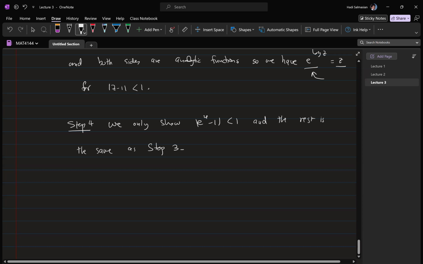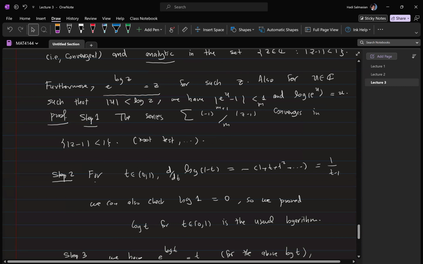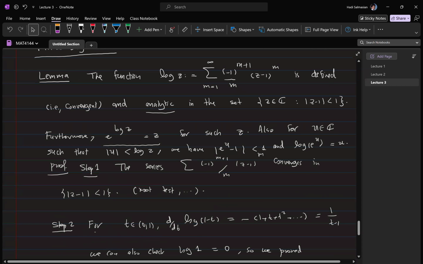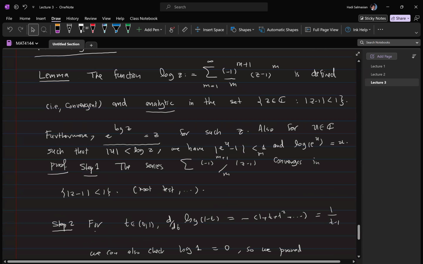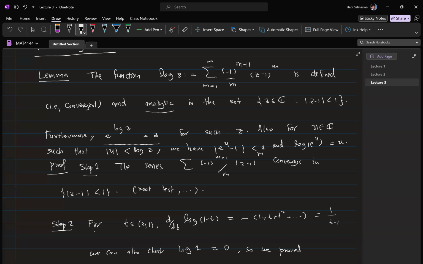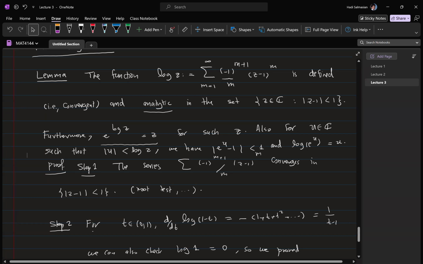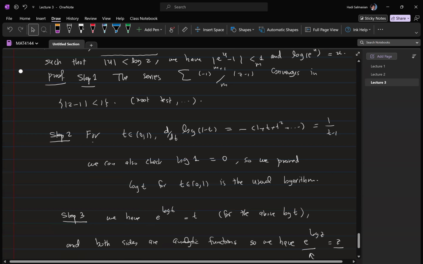We just use some analyticity. I mean, this relation that we want to prove is true for real u with absolute value less than log 2, and then it's true everywhere because both sides are analytic there.